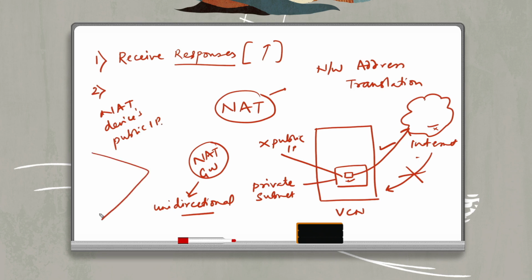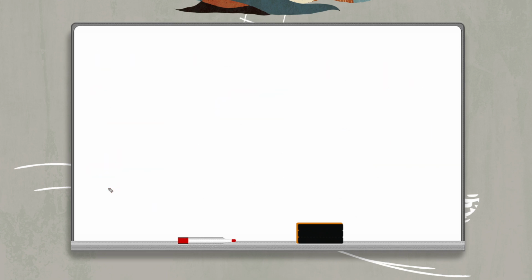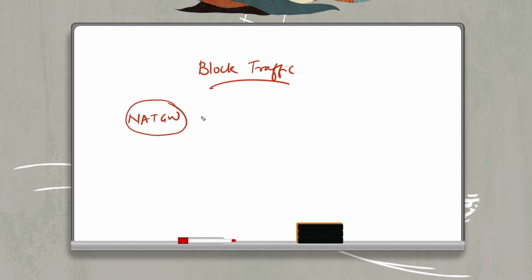Now, talking about the kind of traffic that is supported, it supports TCP traffic, ICMP ping traffic, and UDP traffic. All right, now I will talk about one more interesting thing before I jump to the slide deck, and that is the capability to block the traffic when it comes to NAT gateway. So let's say you created the NAT gateway and then you would like to block the traffic flowing through the NAT gateway.